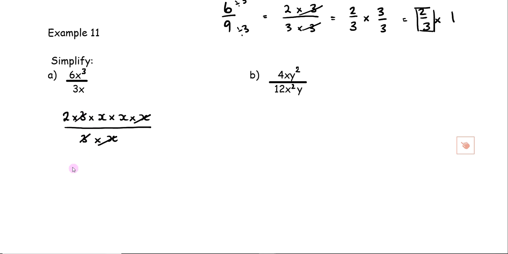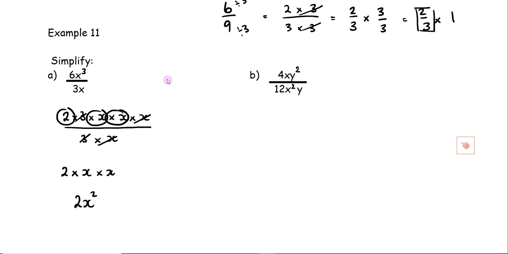So now what I'm left with is a 2, and I've got a times x and a times x, so I've got 2 times x times x. But on the bottom I've cancelled everything out, so it'd be like having just the 1 on the bottom, which I don't need to write. So of course I can simplify that further by writing it as 2x squared.